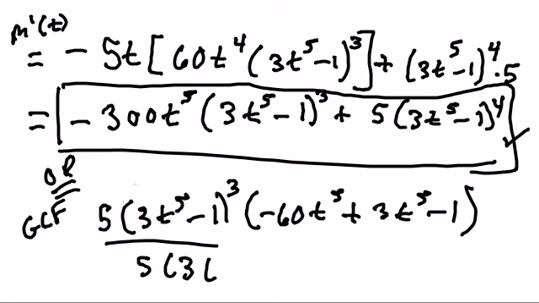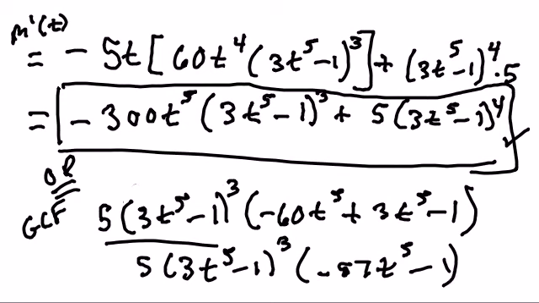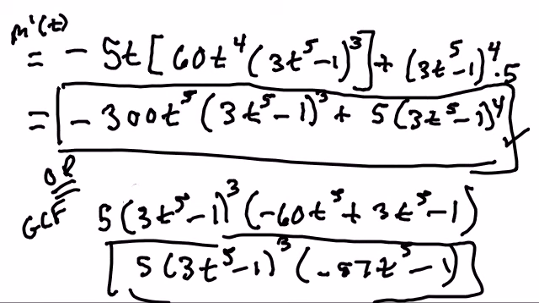And we can clean this up just a little bit more. That would end up being a negative 57t to the fifth minus 1. So, again, not really necessary. MyLabs Plus is going to take this answer because at that point you have done the derivative.